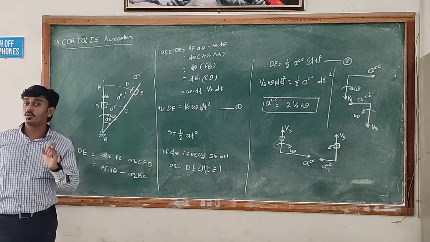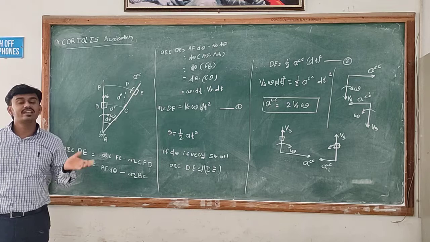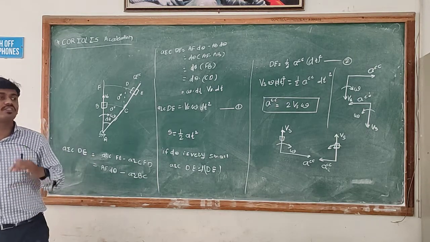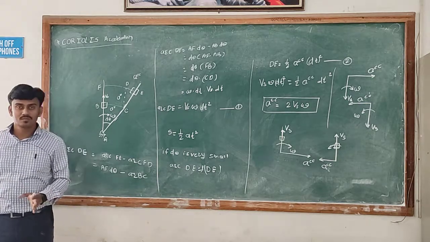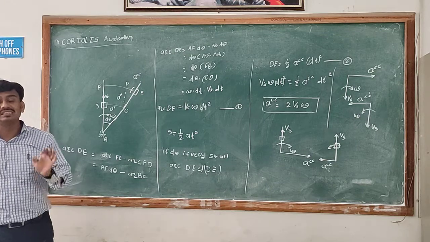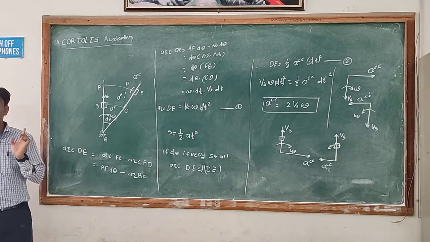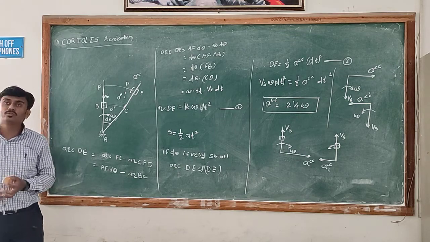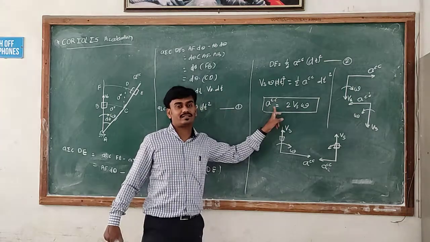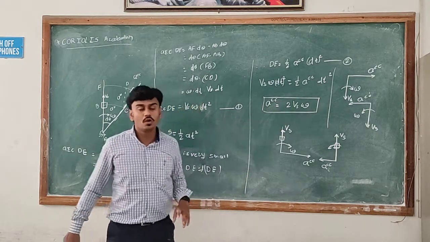What is Coriolis acceleration? When there is a link and in the link there is a slider present, and the link is rotating with the angular velocity omega and the slider is also moving with the sliding velocity Vs, then at that particular instant the Coriolis component of the acceleration is present, and its magnitude can be calculated using this formula: the Coriolis component of the acceleration is equal to 2 into Vs into omega.